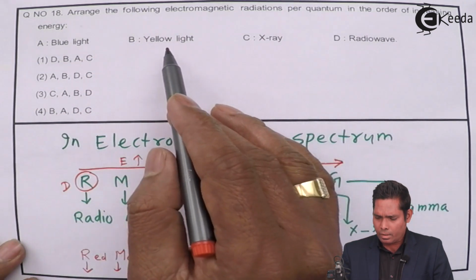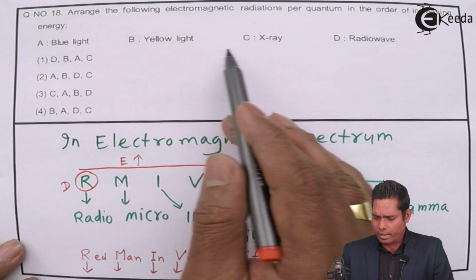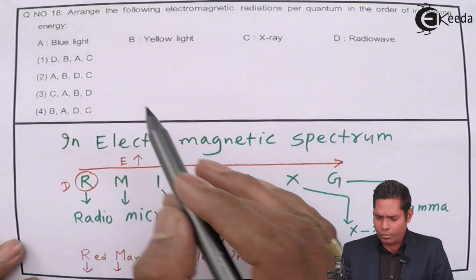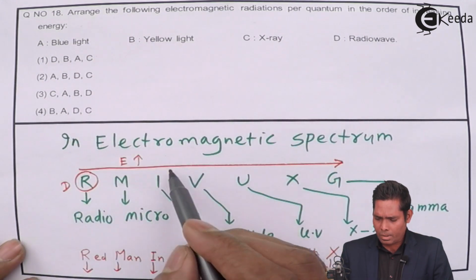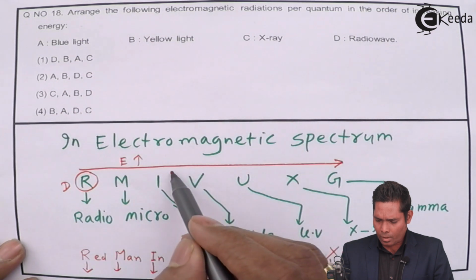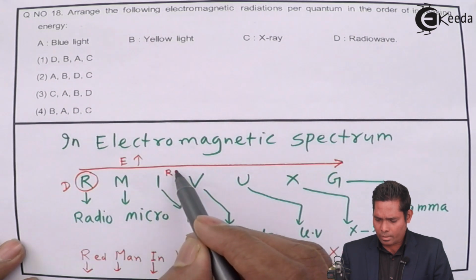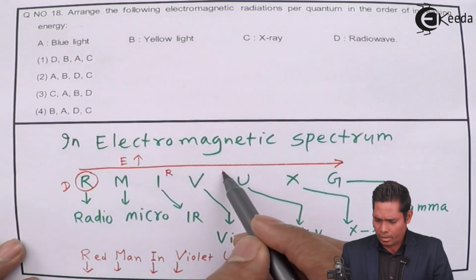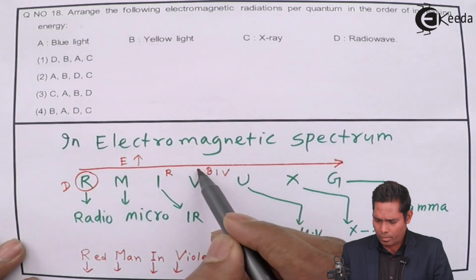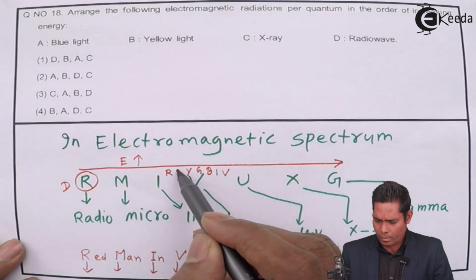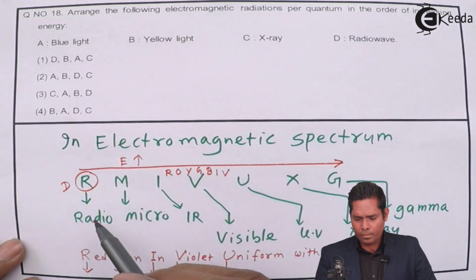Then we have micro is not there, infrared is not there, visible is there. In visible, R will be here and V will be here. This is how you write.